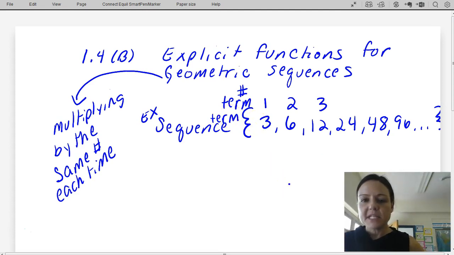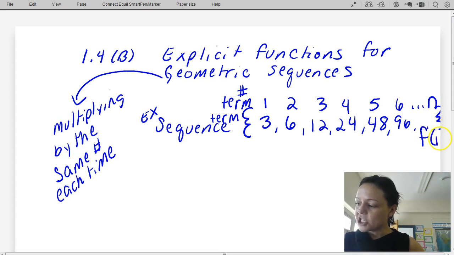So we're doing the same table, but in shorthand: fourth, fifth, sixth, dot, dot, dot, n. Below n is going to be our function that we create, our f of n. So we are multiplying by 2 each time.